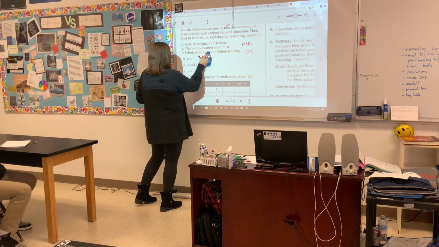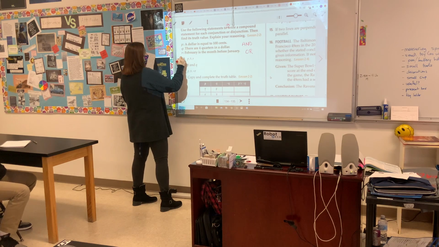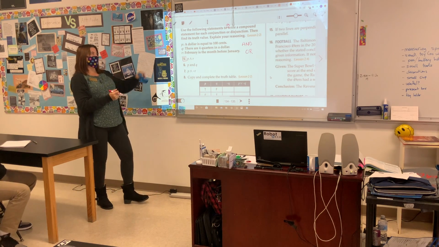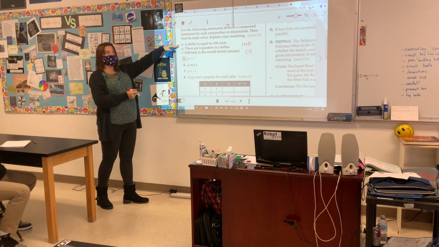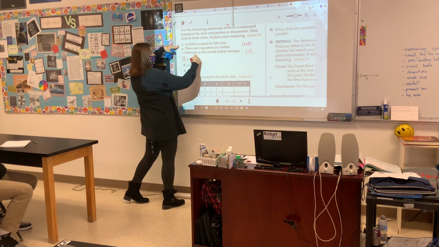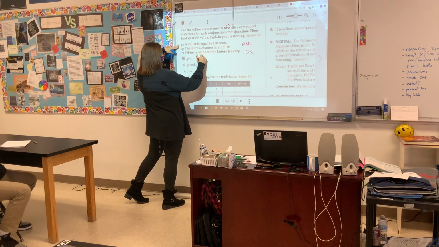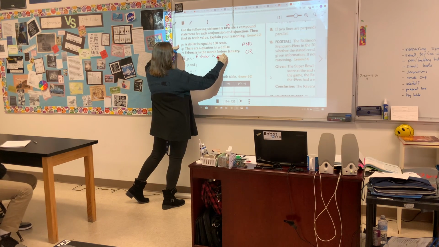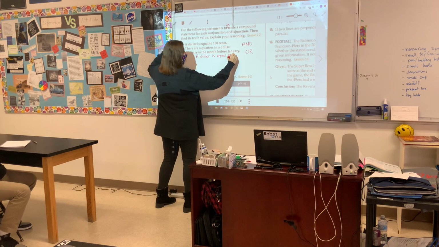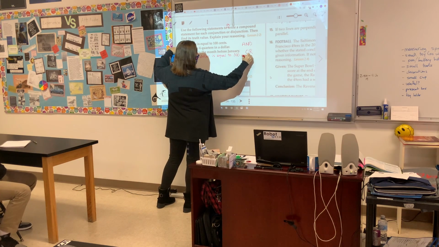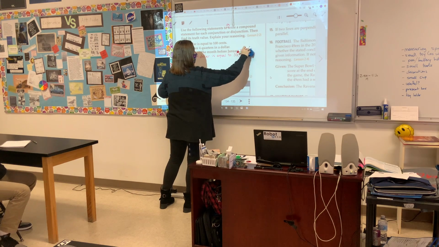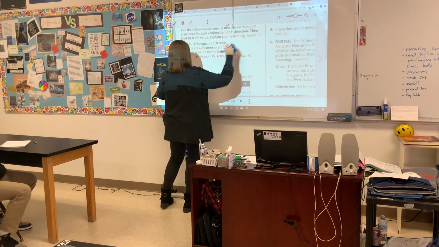So let's write the compound statement for number 5. So I start off with $1 is equal to 100 cents. What comes next? And or.